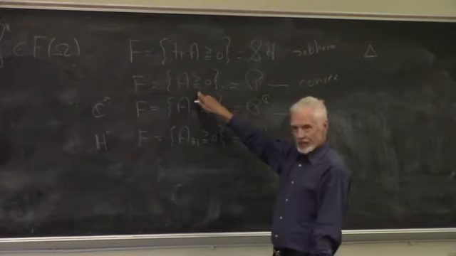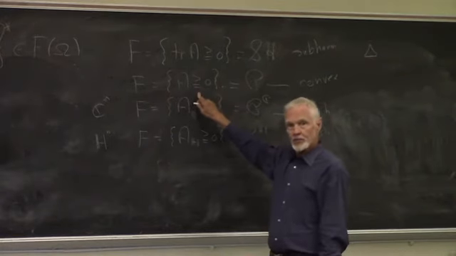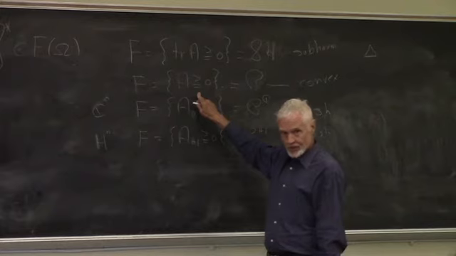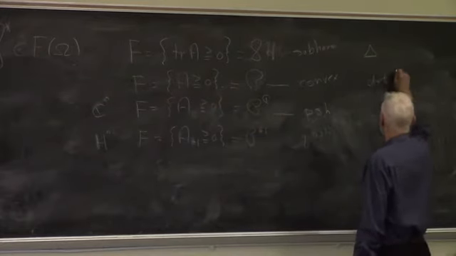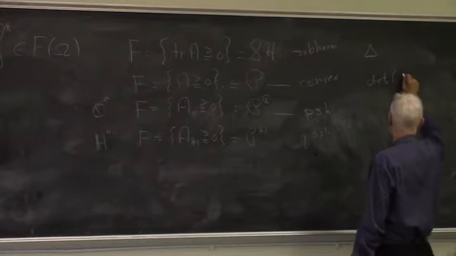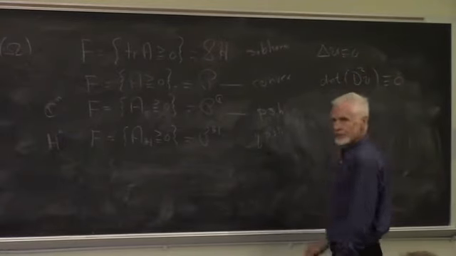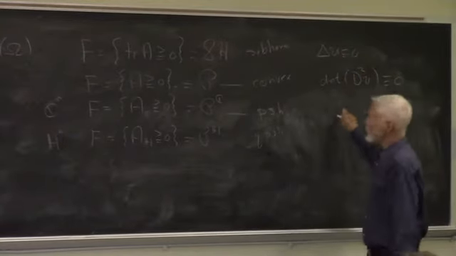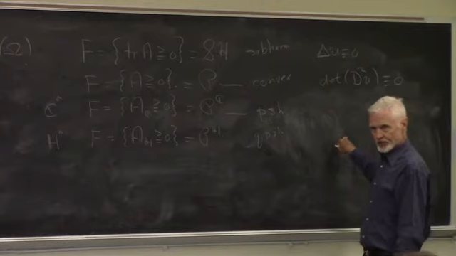And if you're on the boundary, at least the smallest eigenvalue has to be equal to 0. That means precisely that the determinant is equal to 0. So this is the homogeneous Monge-Ampère equation. This is the complex homogeneous Monge-Ampère equation, and this is the quaternionic homogeneous Monge-Ampère equation.